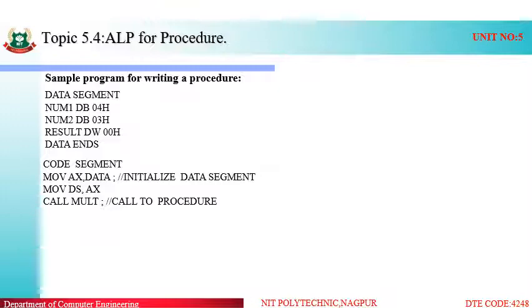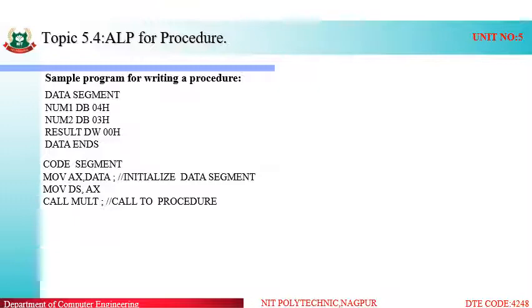And in the next line we have called a procedure, and the procedure name is mult. Since we are calling it, we have to give the instruction CALL mult. CALL mult will transfer the control of execution from the main program.